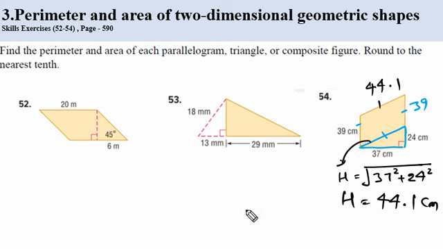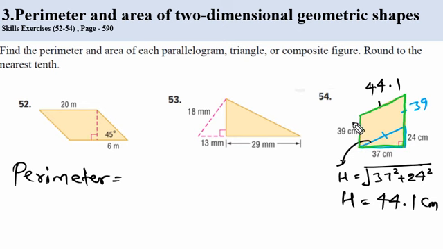And now it's very easy, right? The perimeter is the sum of all sides. So in this case, the perimeter is the sum of this plus this and this and this.